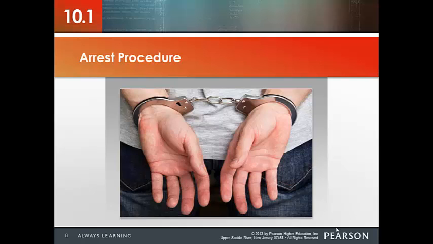Where photo arrays or lineups are used, the police must refrain from highlighting the arrestee. For example, if an arrestee is white, an officer may not show the witness a series of photographs in which all of the other suspects are black. If an identification procedure is too suggestive, any identification by the victim may be excluded from trial.